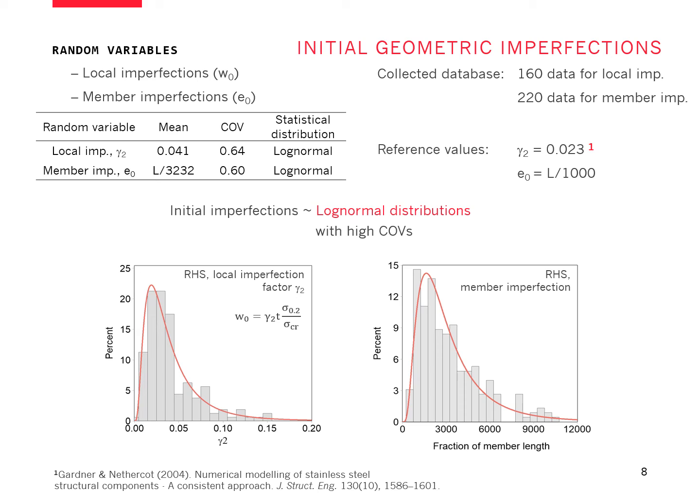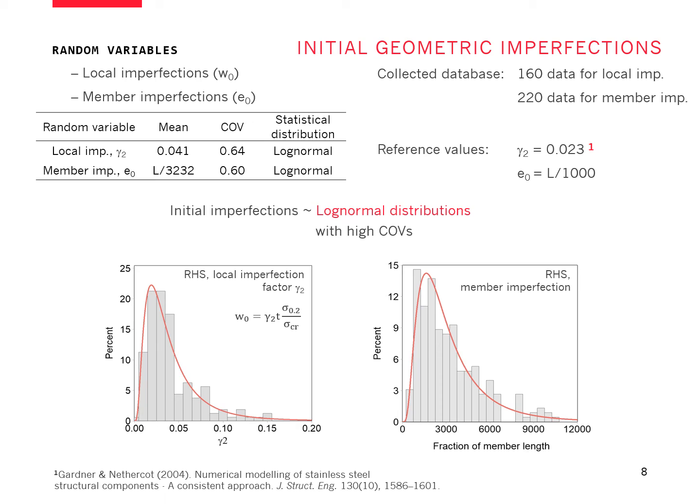For initial geometric imperfections, as we mentioned earlier, local and member imperfections were investigated. For both cases, imperfection amplitudes were found to follow log normal distributions, and the coefficients of variation were considerably higher.